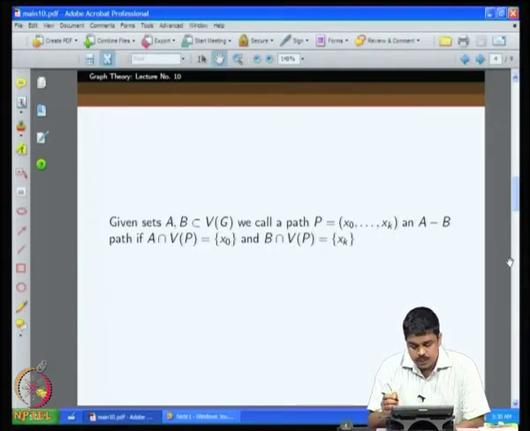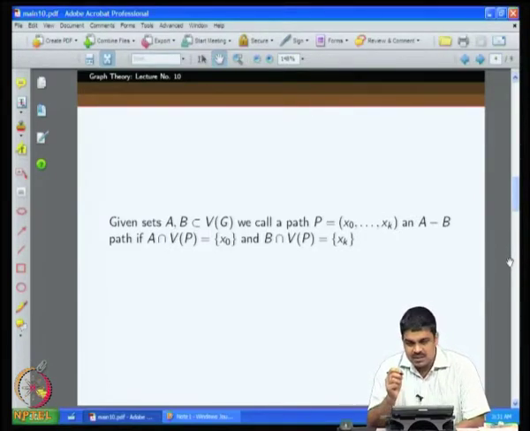So we consider the sets A, B subset of the vertex set. We call a path P, let's say the path is x0, x1 up to xk, an AB path if the first vertex of this path belongs to A, that means x0 belongs to A, and the only vertex of the path that belongs to A is x0.